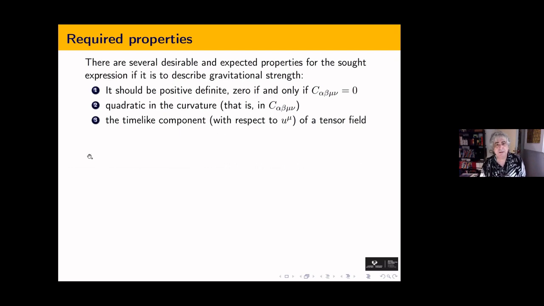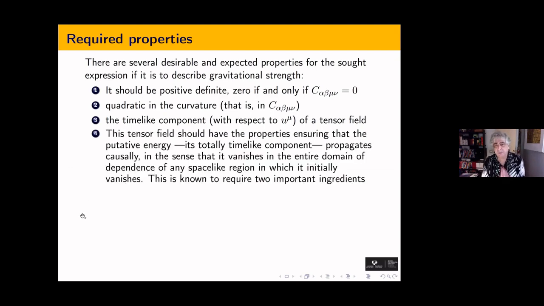This tensor field should have properties which ensure that the putative energy, the would-be energy, propagates causally, in the sense that if initially at any space-like region this thing vanishes, then it should vanish in the entire domain of dependence of this initial region.